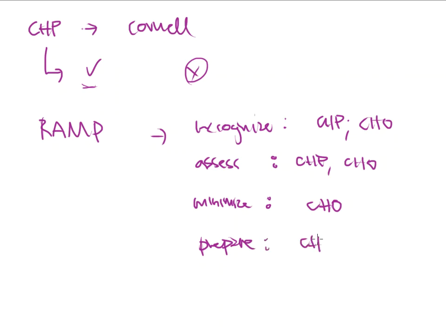And P is called prepare, right? So the chemical hygiene plan will assist someone in preparing for an emergency, and the CHO can help with this, right? If something happens and there's a spill, if something happens and a hazardous chemical gets on someone's skin, well, I can turn to the chemical hygiene plan that will tell me the steps that I need to do, maybe to go see a physician, go see a doctor, to clean up the spill the proper way.